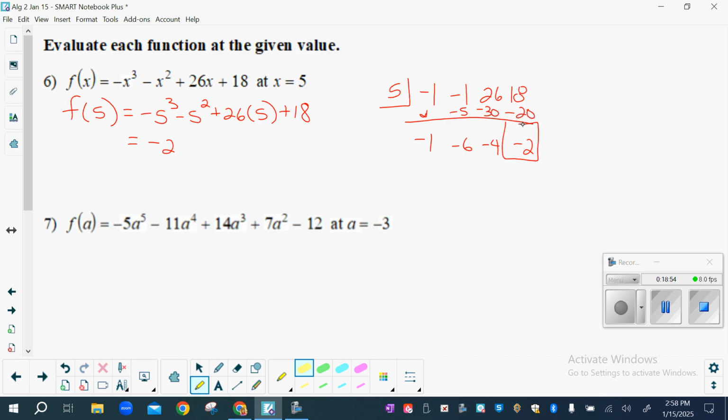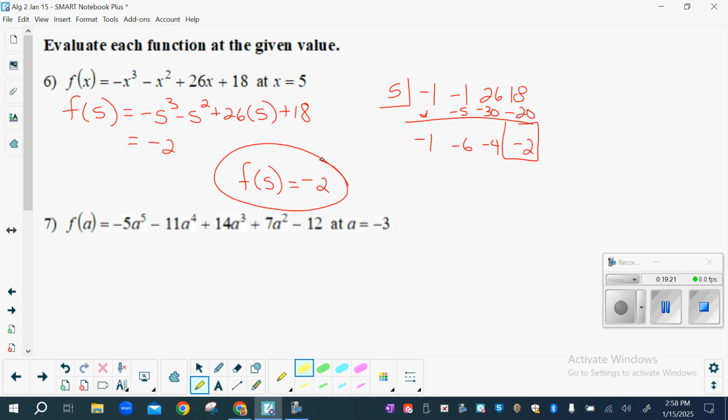So I don't care which way you do it. This way can be easier. But either way, my answer is f of 5 equals -2. If you do it this way, don't just leave it like that. The question is evaluate at the given value.